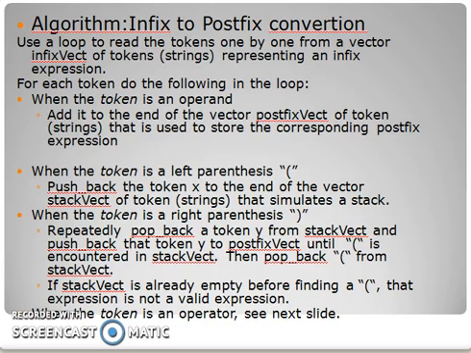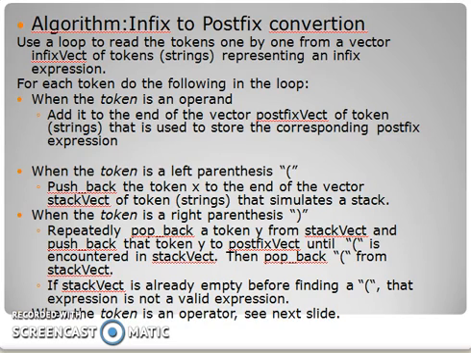Initially all the expression content will be in the infix vector. With the help of the looping concept, we are going to take each and every token one after another. When the token is an operand, we add it to the postfix vector, which is used to store the corresponding postfix expression.